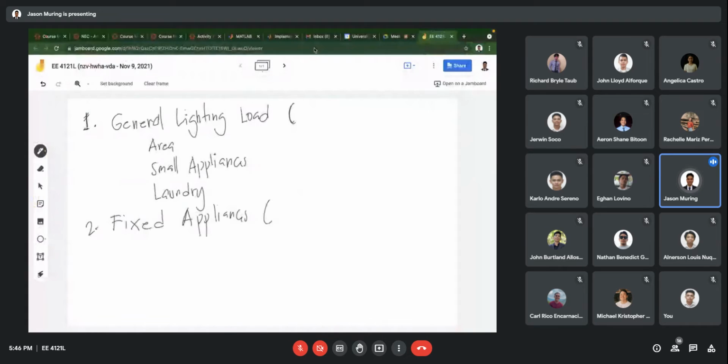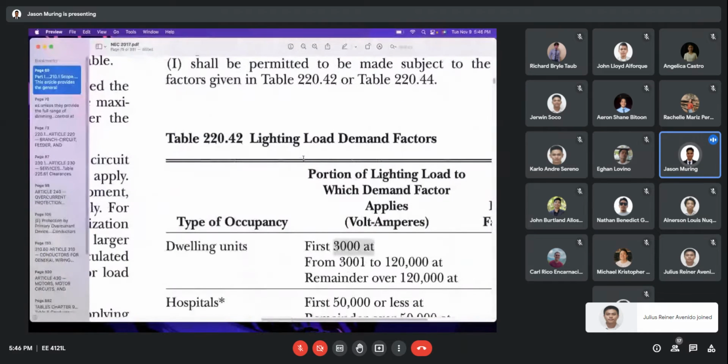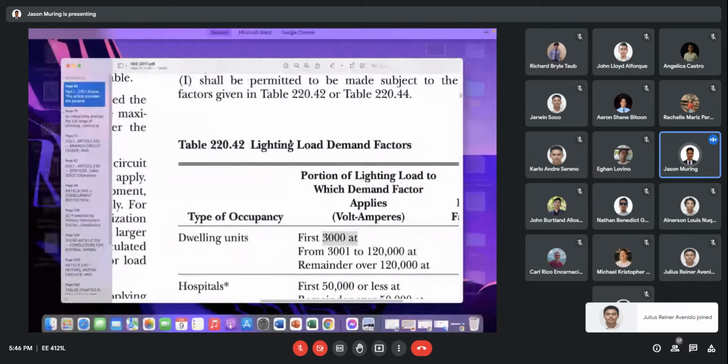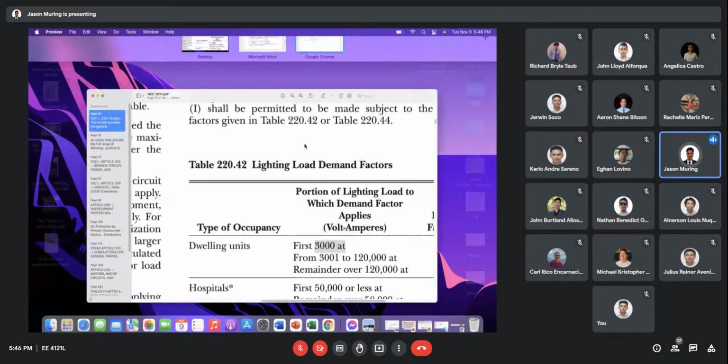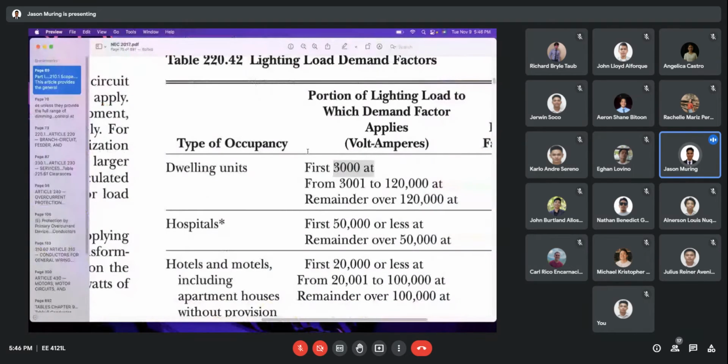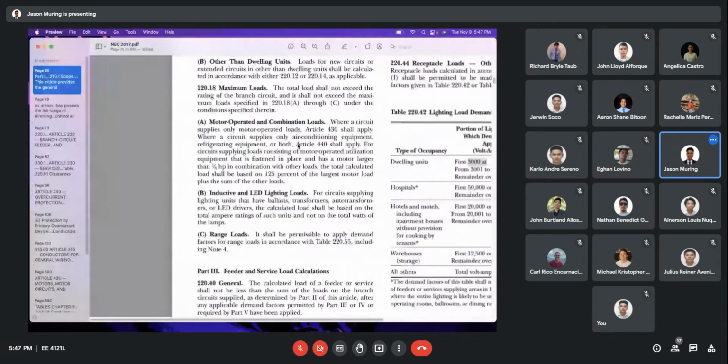Then also for the fixed appliance, there's a demand factor that we can apply here. This is based on Table 220.42, and that's for the general lighting load.